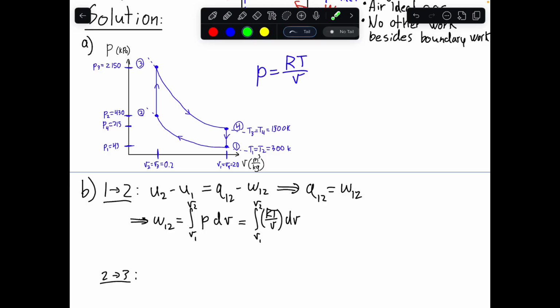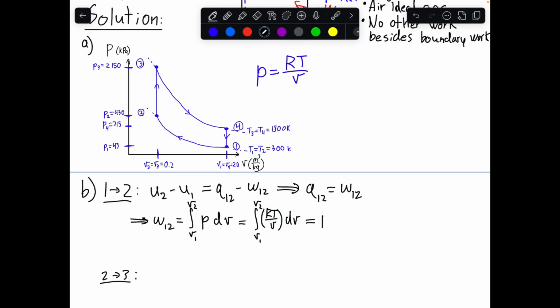And then here, our RT is actually a constant because our R is a constant for the gas, and then T, we're along this line on our PV diagram here from 1 to 2, which is an isotherm. So everywhere along this line, we are at a constant temperature of 300 Kelvin. So this temperature isn't changing with respect to volume, so we can move this whole quantity out front here.